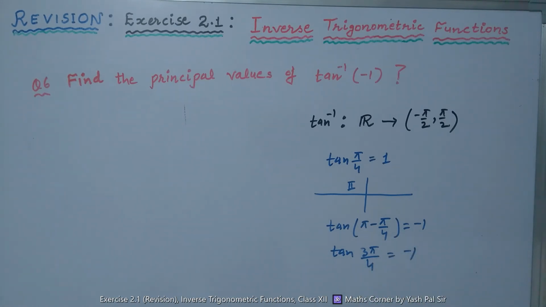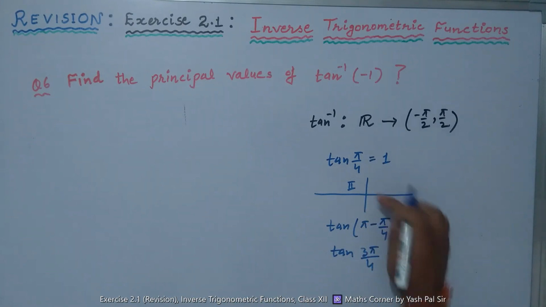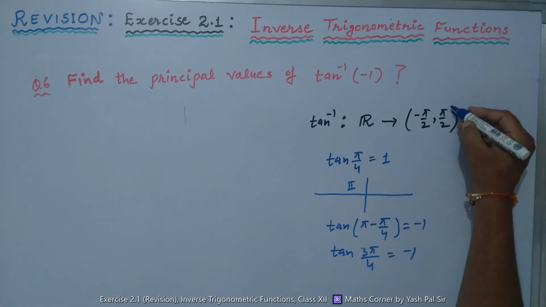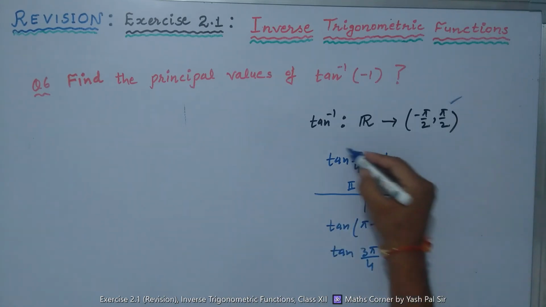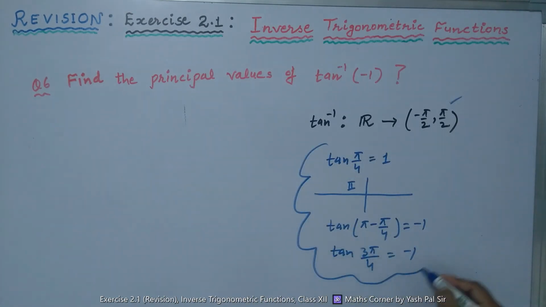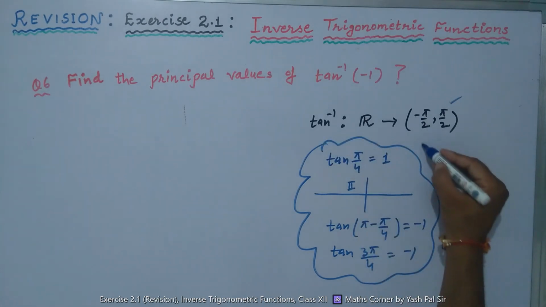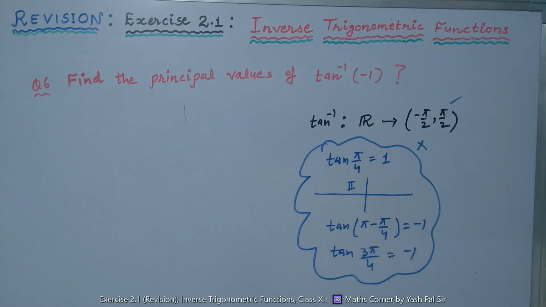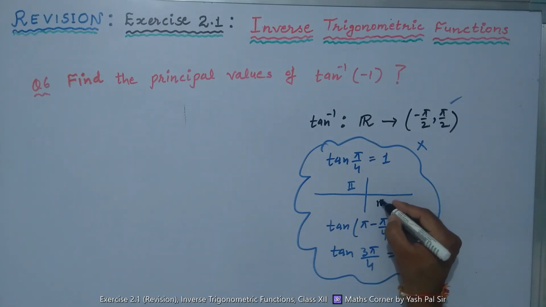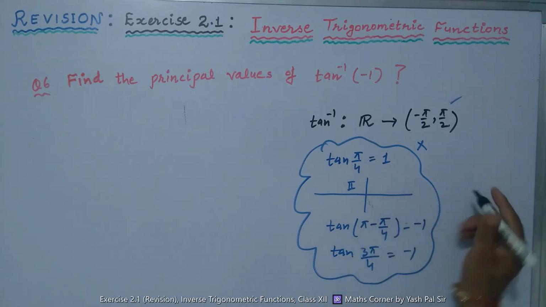But there is a problem. What is the problem? The second quadrant does not belong to this range. So this is not a valid calculation. How should we proceed here? We have to come to the fourth quadrant, not the second quadrant.